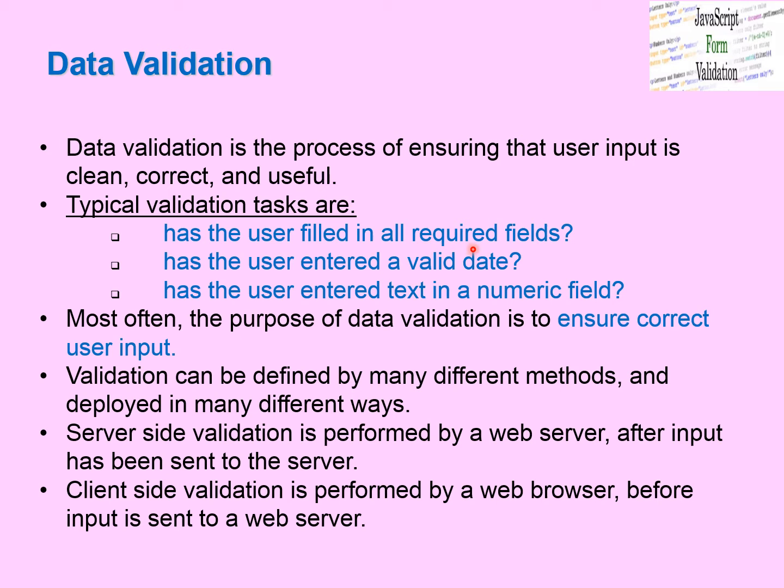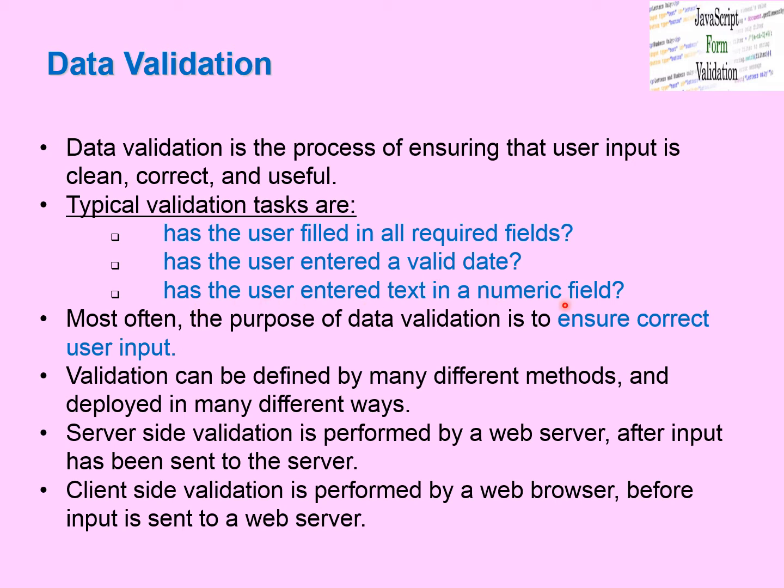We can use the validation function for checking whether all the required fields are filled or not. Or we can check, has the user entered a valid date? We can check whether the date the user inputs is a previous date or a future date, something like that. We can check the validity of the date. Then, has the user entered text in a numeric field?